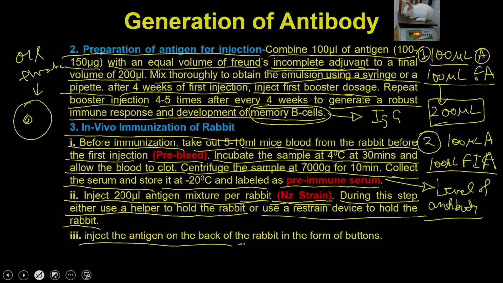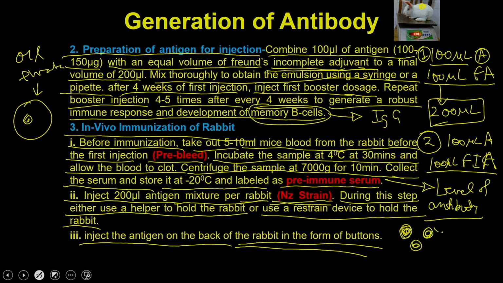You inject the antigen on the back side of the rabbit in the form of a button. If this is the rabbit, you have to inject somewhere on the back side, because this is the site where you have enough space and area, so it will not be a problem. You inject at one site, make a button like this, then go to another site and inject, then another site.